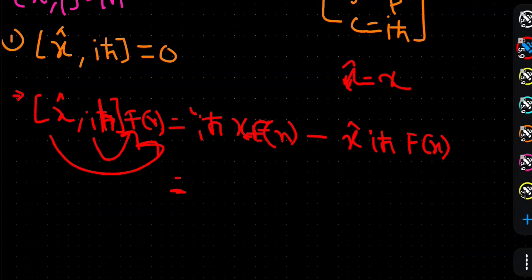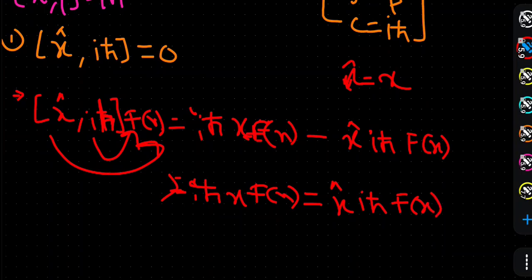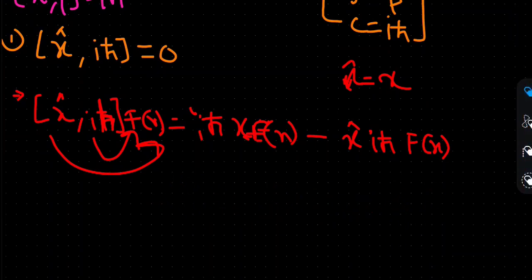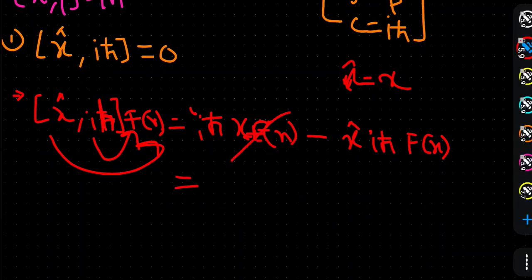So iota h bar x f of x is equal to x iota h bar f of x. It is the same, whatever the ordering is. It means that if these are equal, I can just cancel them out, and eventually you will get 0.